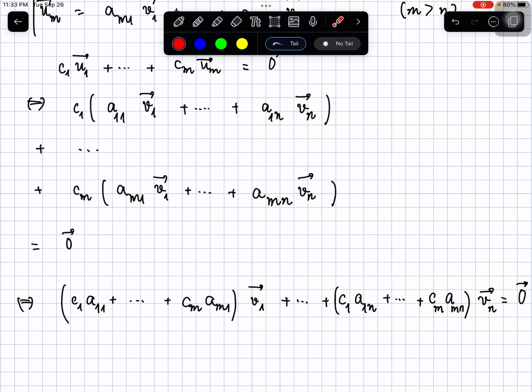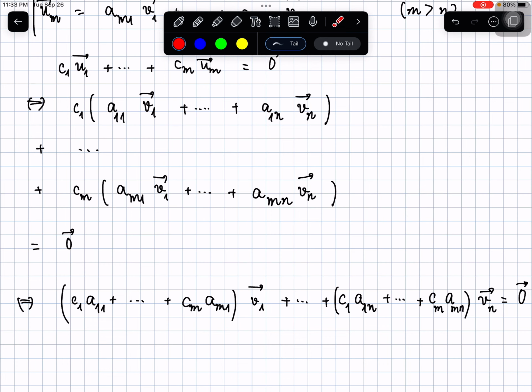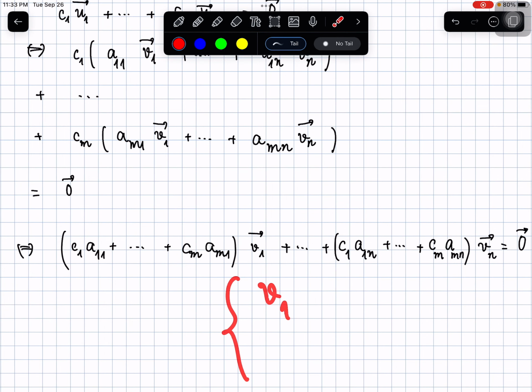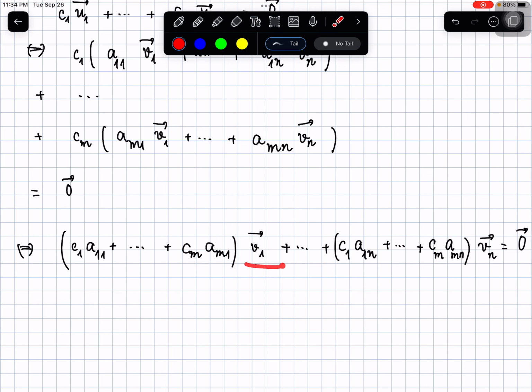Now remember that v1 to vn is a basis of V, right? In particular, they must be linearly independent. Remember the definition of basis: this set v1 to vn must be linearly independent, and this set spans the whole vector space V. So we use the first condition, they are linearly independent. Therefore, these equalities mean that these scalars are 0.